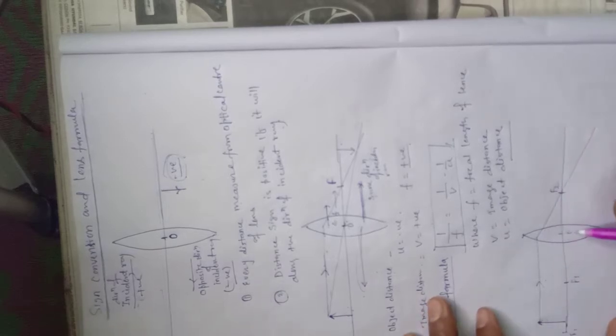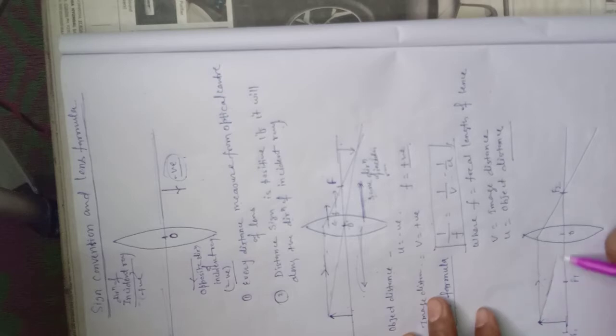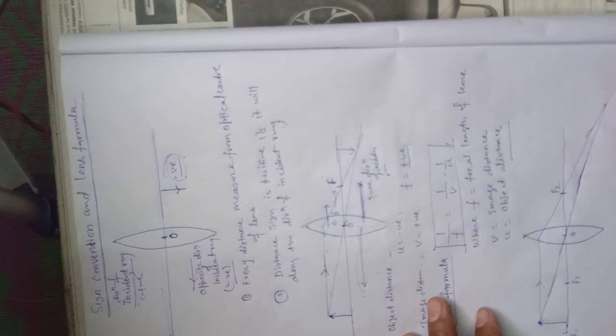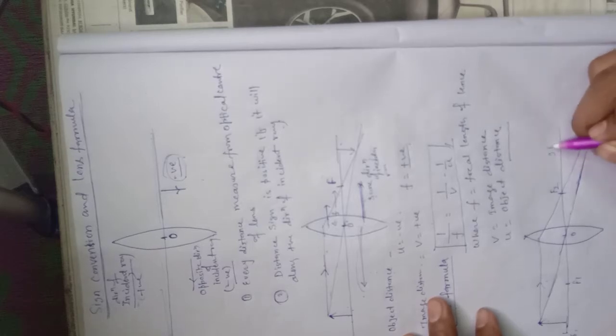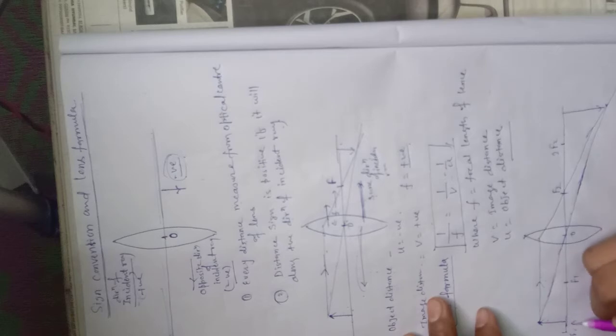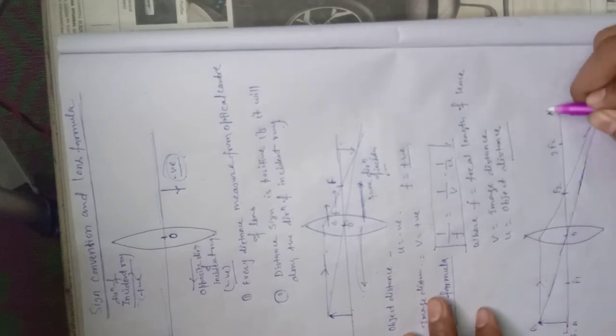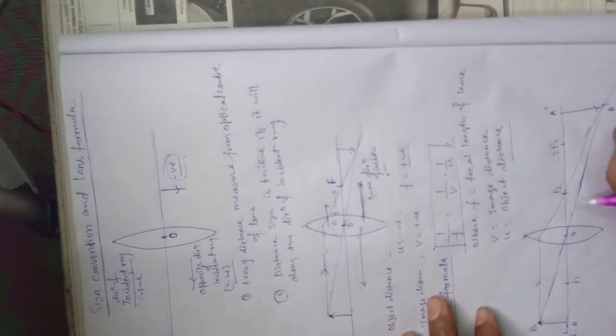And when an incident ray passes through the optical center, it goes straight. Let this be 2F2. So the image forms here. Let the object be AB, so the image is A dash B dash.